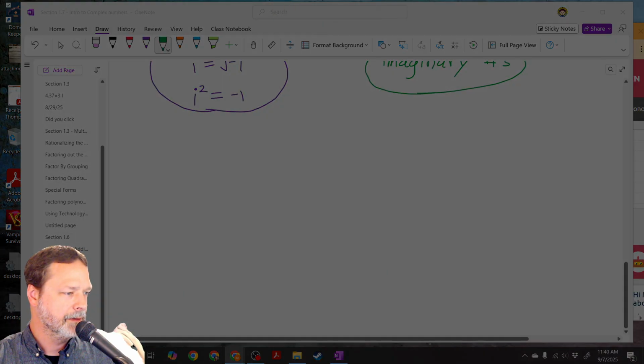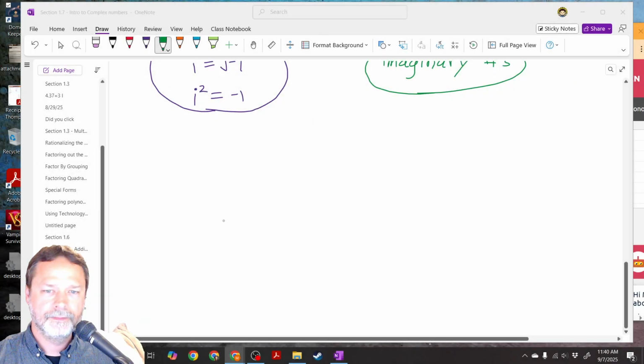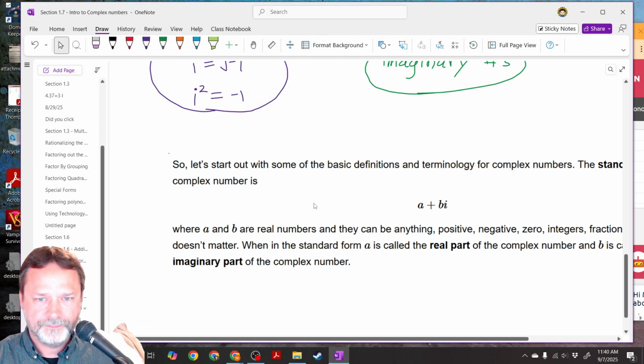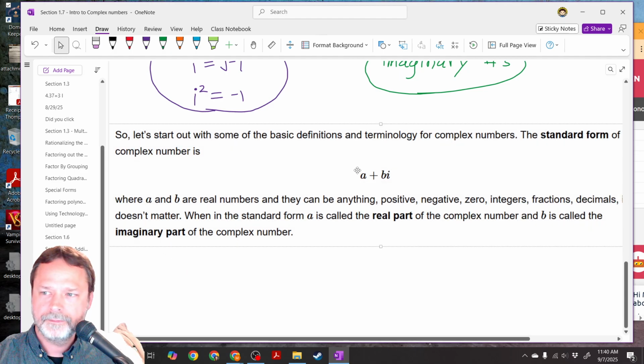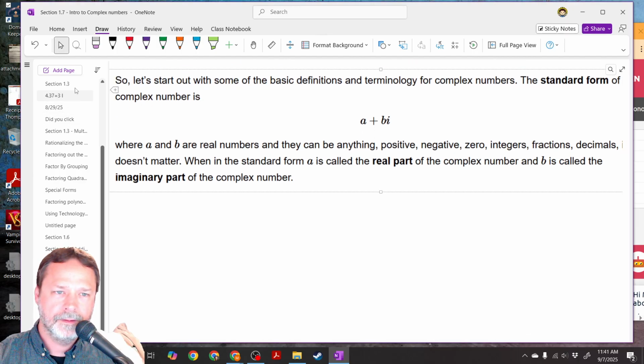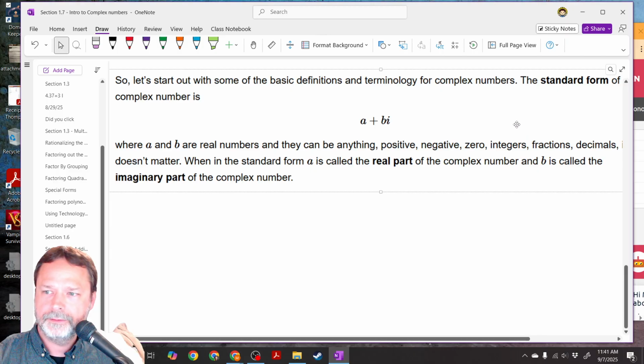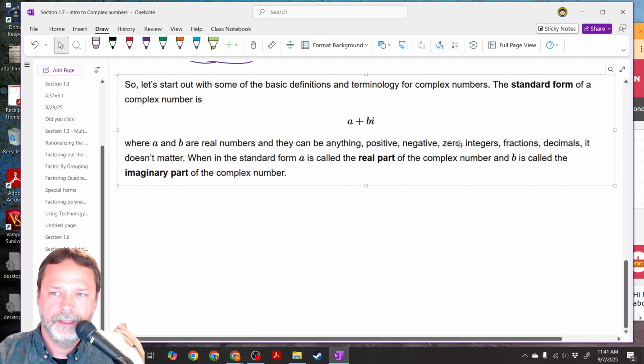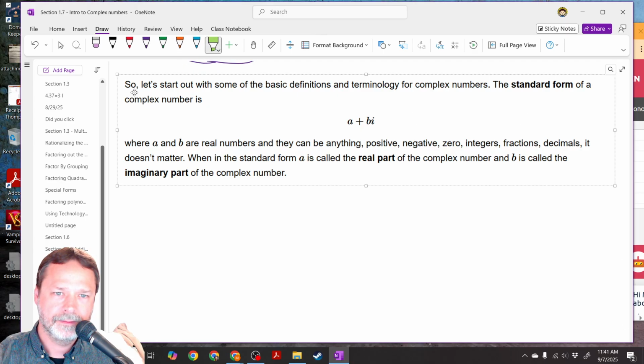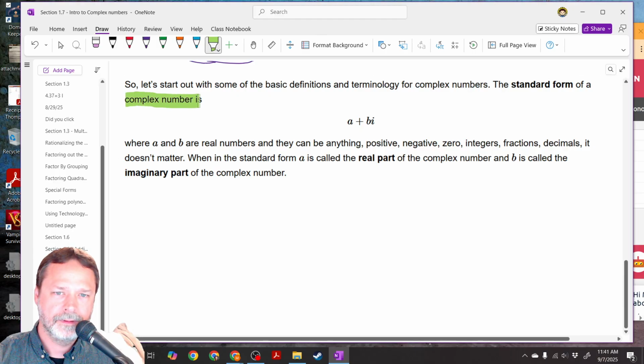So let's see here. There we go. All right. So the standard form of a complex number is a plus bi. These are complex numbers, a plus bi.